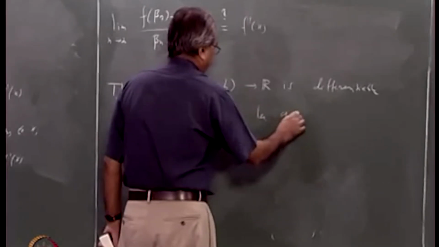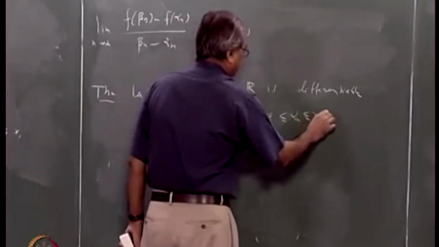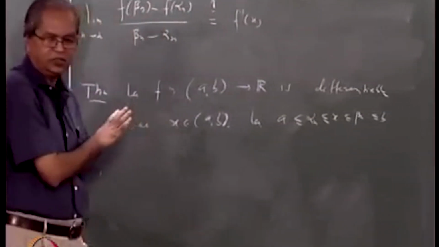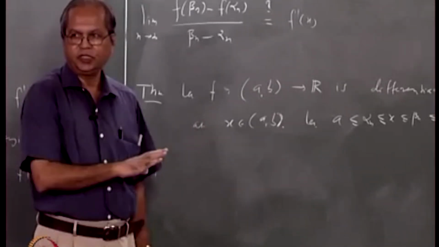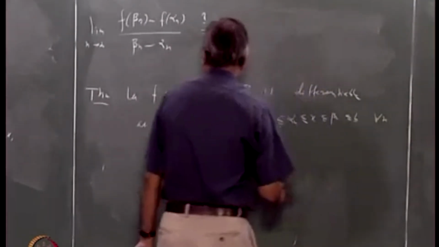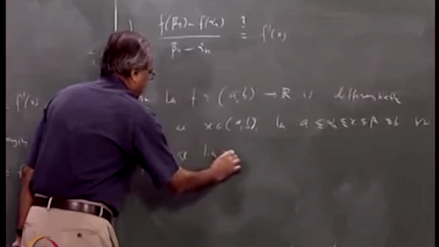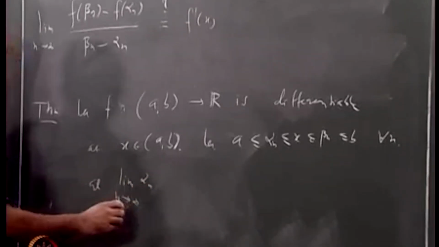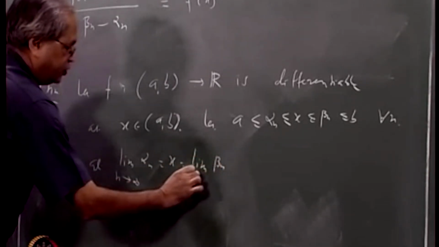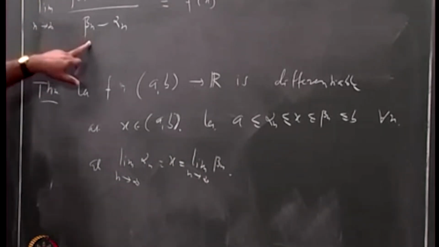Let a be less than or equal to alpha n, less than or equal to x, less than or equal to beta n, less than or equal to b. That is, all alpha n's are less than or equal to x and all beta n's are bigger than or equal to x, for all n, and the limit of alpha n as n tends to infinity is x, and the limit of beta n is also x.